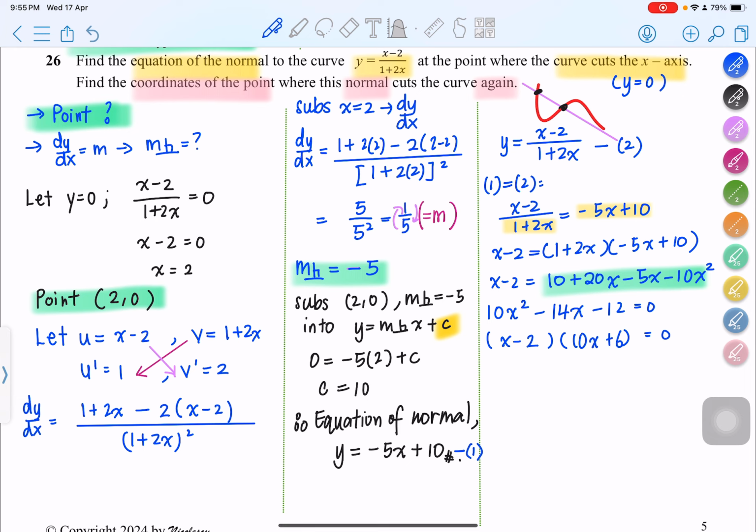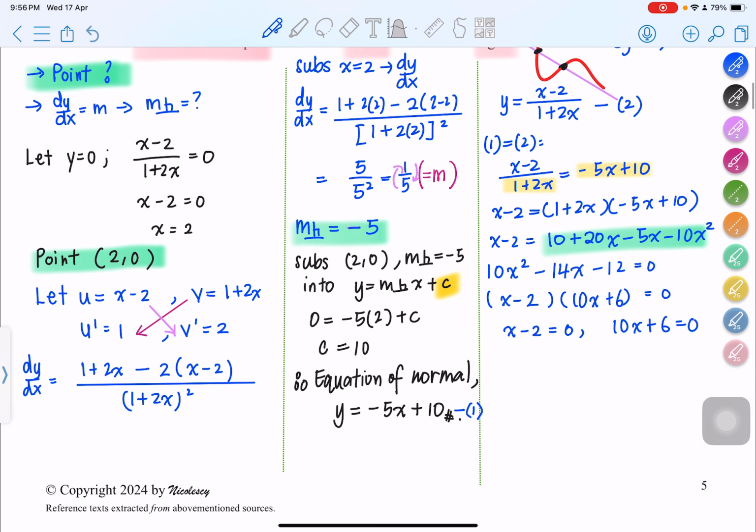When we look at this, x minus 2 equals 0 and 10x plus 6 equals 0. From here I notice x equals 2, which is the same as the point I found in part 1, so I can reject it. This is not the point where it cuts the curve again.